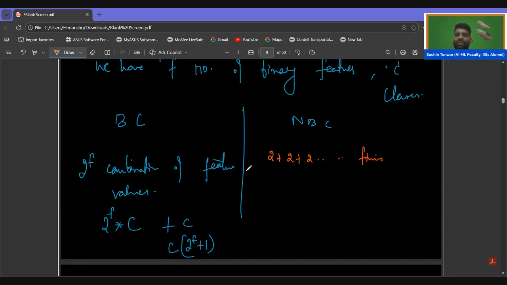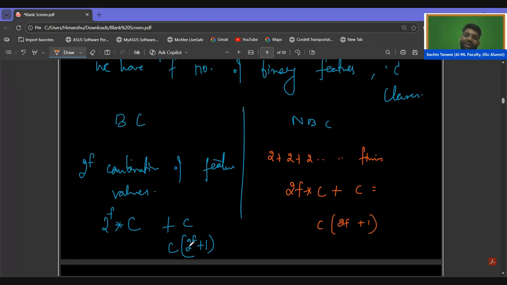Let's suppose f1 was the first feature, f1 is equal to 0 or f1 is equal to 1, f2 is equal to 0 or f2 is equal to 1. There are 2 possibilities, so 2 probabilities for both, and how many features we have? F. So 2f per category would be required. How many classes do I have? C, plus C number of priors. It would become C into 2f plus 1.